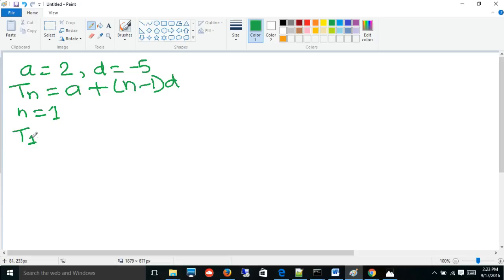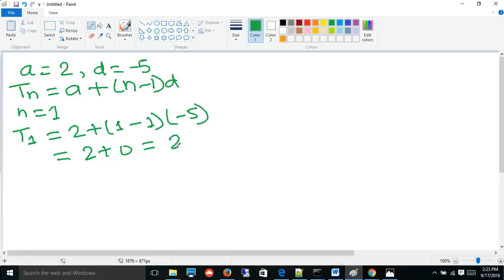So we will get T1 equal to 2 plus 1 minus 1 and bracket minus 5. So how much? So it will be 2 plus 0, as 1 minus 1 is 0 and 0 into anything is 0. So we calculated the first term and the first term is 2. Now we will put the value of n as 2.